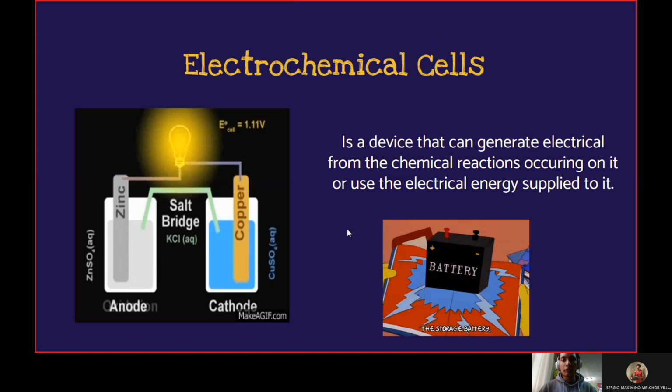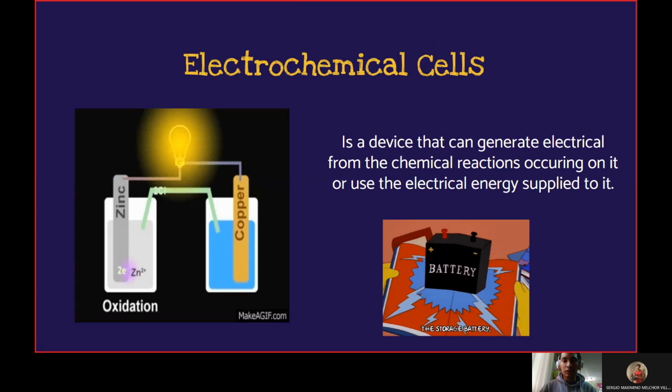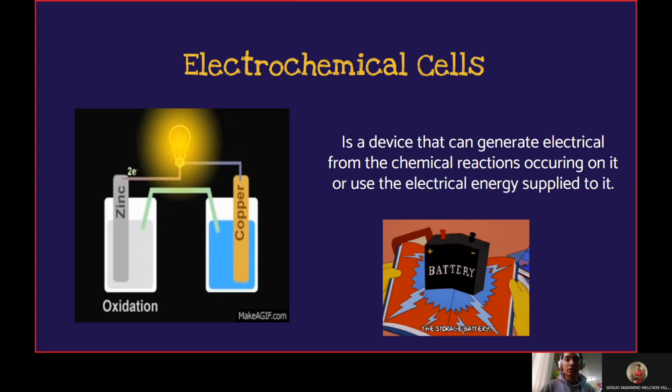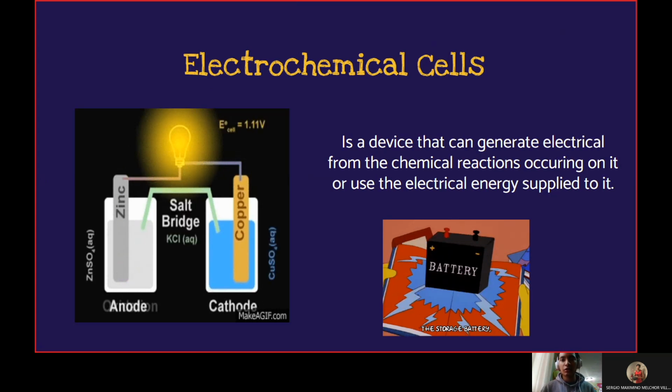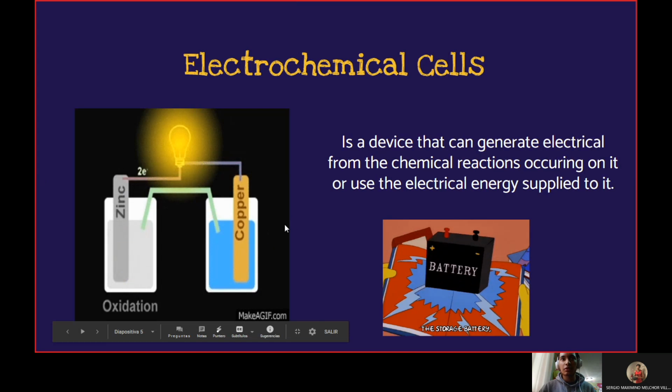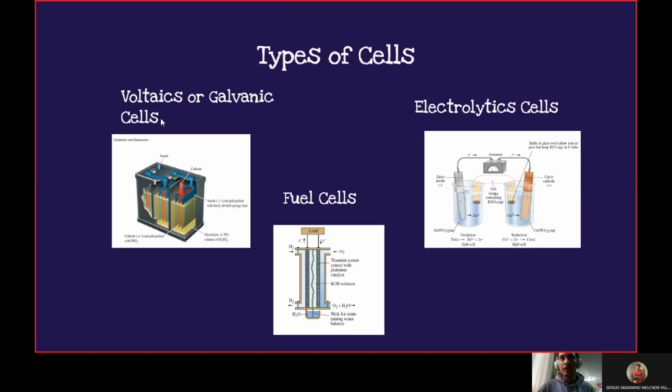So we're going to move on and define what an electrochemical cell is. It's a device that can generate electricity from a chemical reaction, or use electrical energy supplied to it. There are three types that we're going to see today: voltaic or galvanic cells, fuel cells, and electrolytic cells.